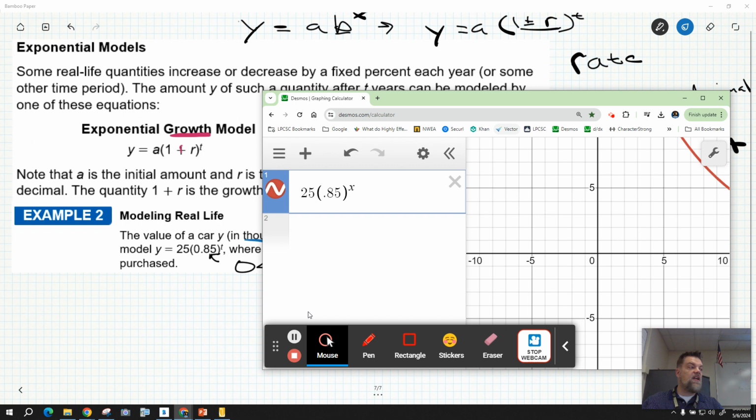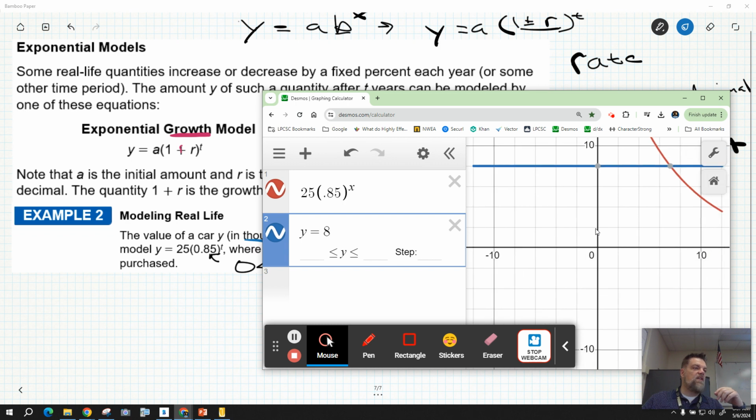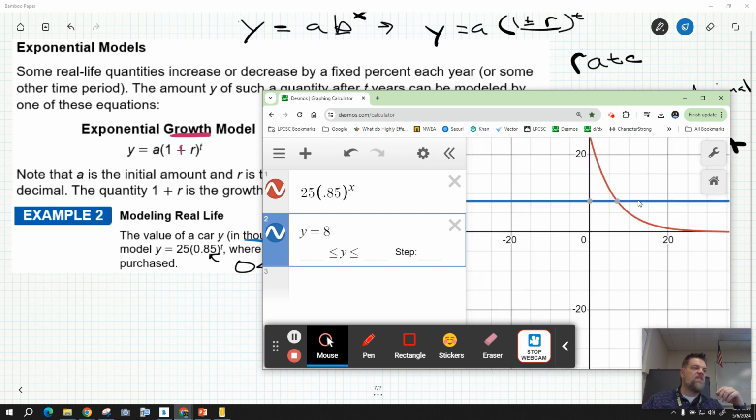And then the other thing I can do is figure out when that is going to be equal to 8. Remember, this is in thousands, so I just say y equals 8, because y equals 8 represents 8,000. And already I have an intersection. That intersection is the value I'm looking for.